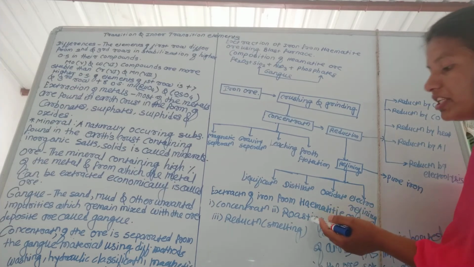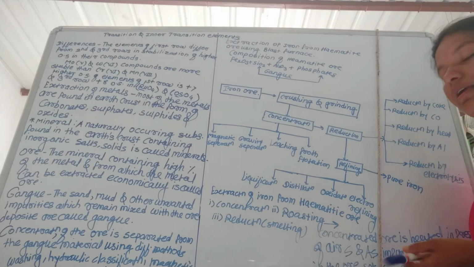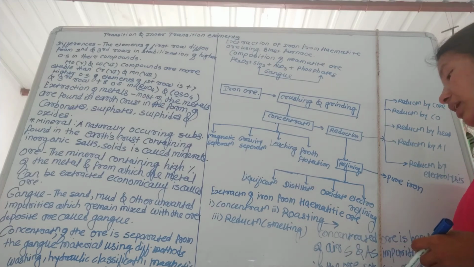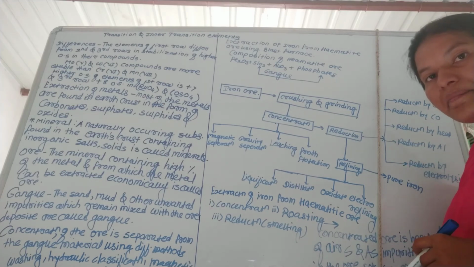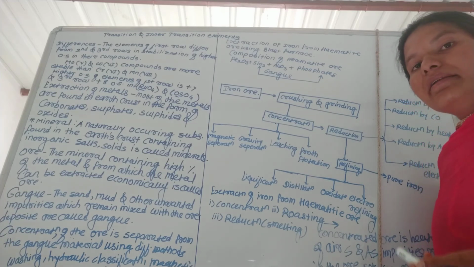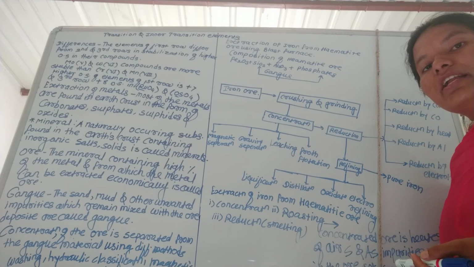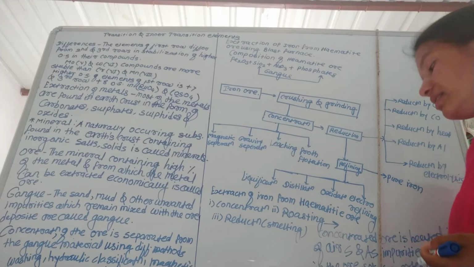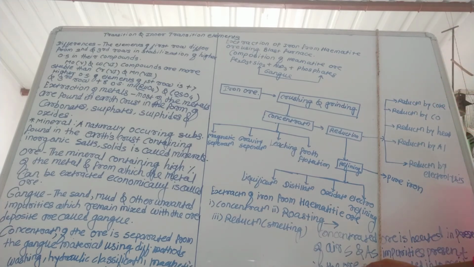Okay. Roasting, that means what? You heat your ore in presence of air. There are some impurities like sulfur, arsenic, and these impurities get converted into respective oxides. For example, you can see here, roasting process is used for the extraction of iron from hematite ore.